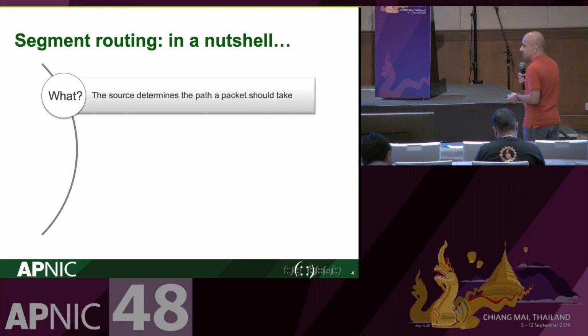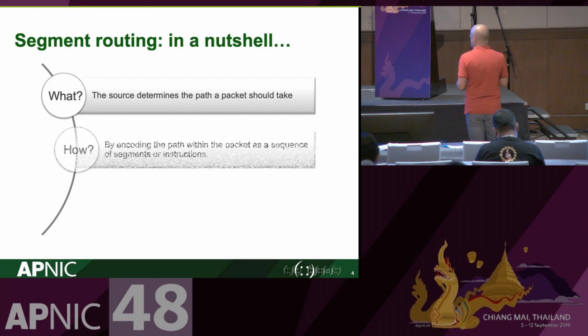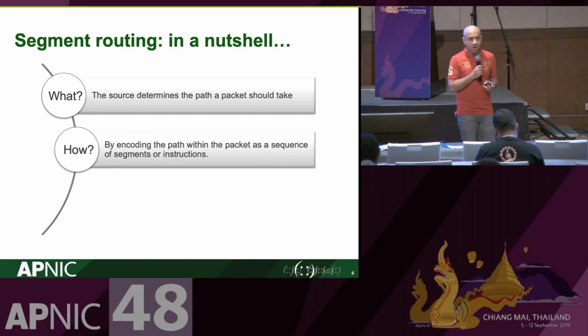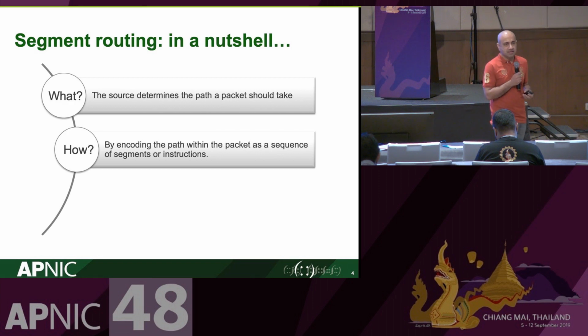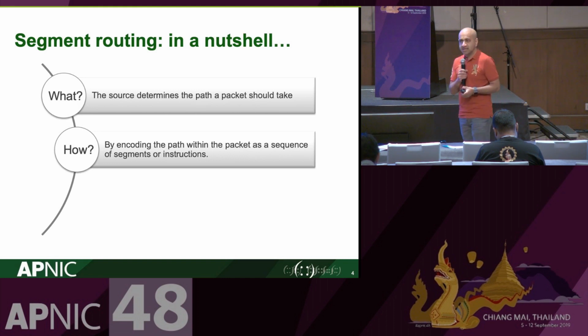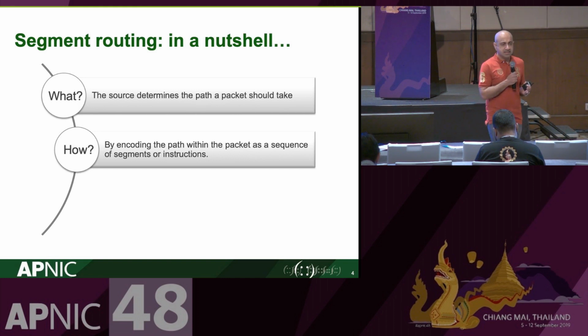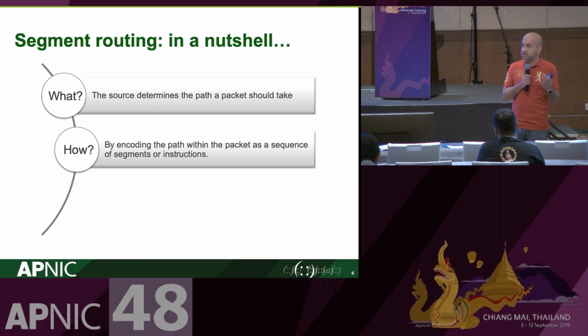This is a very significant change, right? This is not how we understand normal routing to be. There are reasons why we do this, and they will become clear as we go along. I've already talked about this: it does it by encoding information within the packet. This information is referred to as segments. Each segment is some sort of topological information.